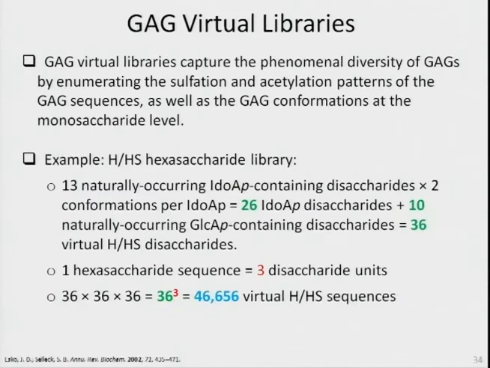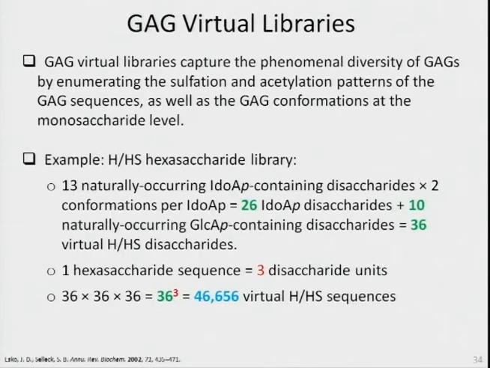Okay. So to take docking a step further, we can do what's called virtual screening, which is where you dock a huge library of molecules. And that's what we need in order to encode or capture this phenomenal diversity that GAGs have.